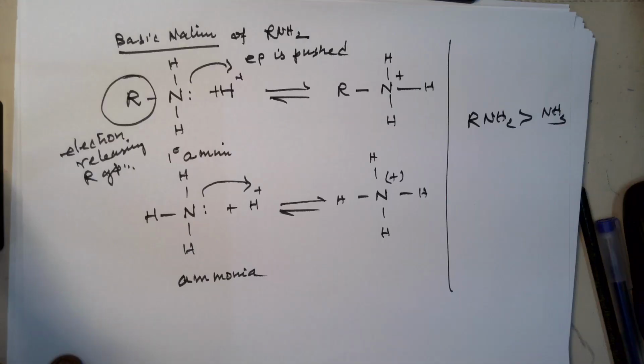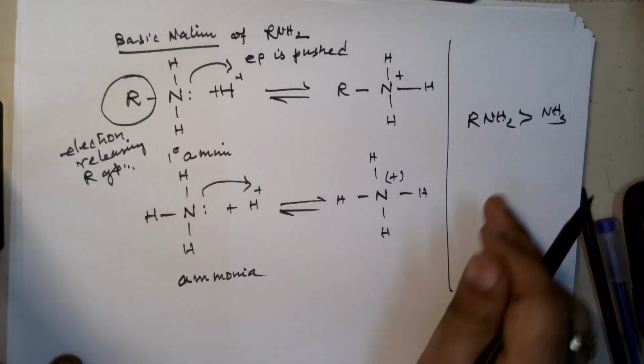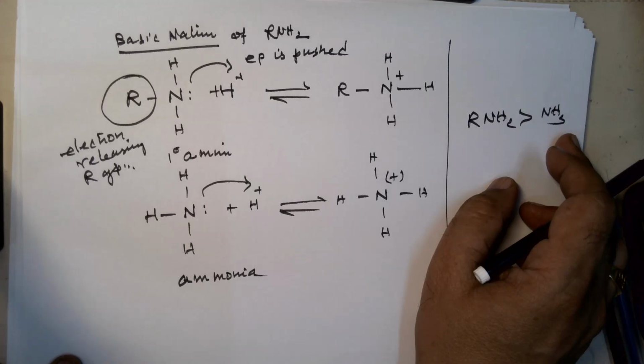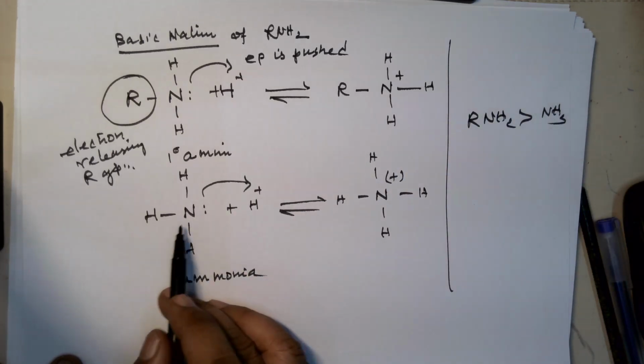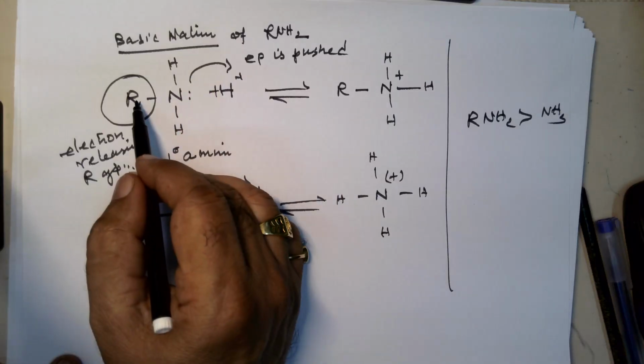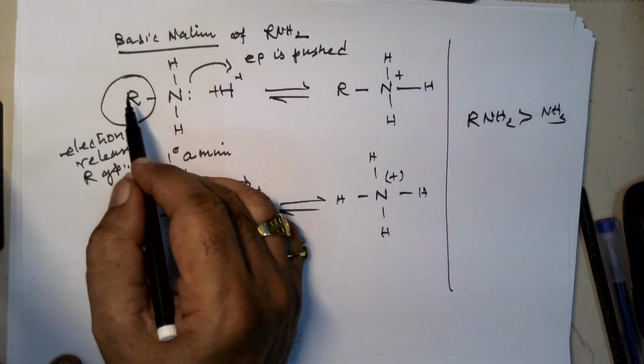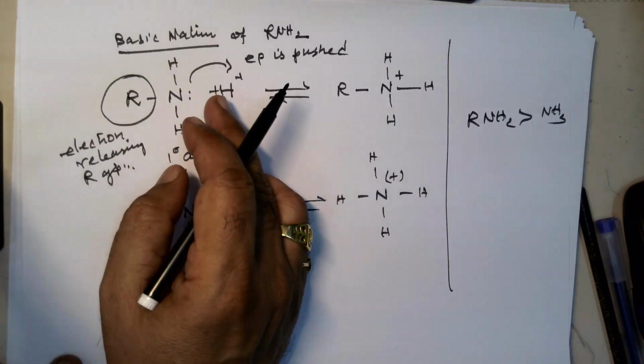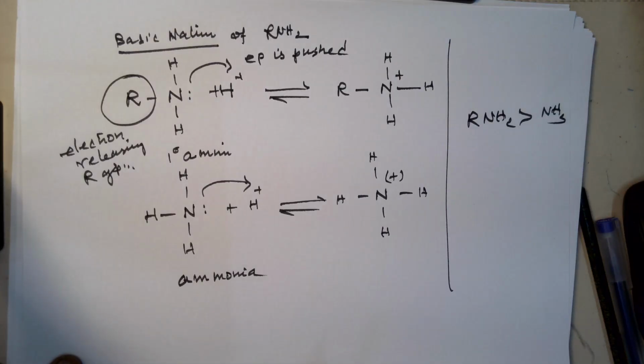So this question may arise: why is alkyl amine more basic than ammonia? In ammonia there is no electron releasing group, but in alkyl amine there is an electron releasing group. That pushes the electron pair, and that is why this primary amine is more basic.